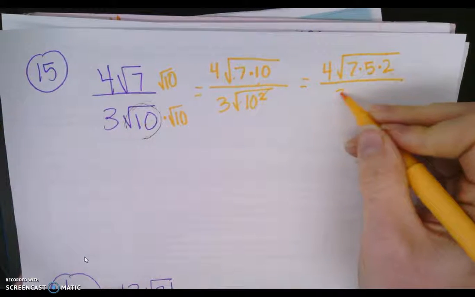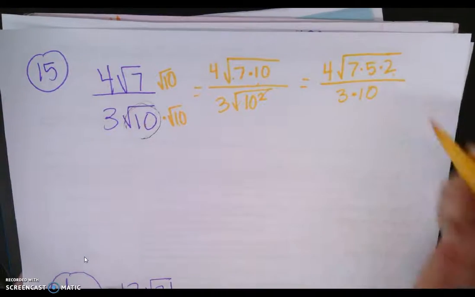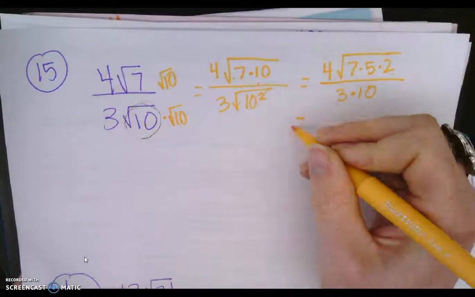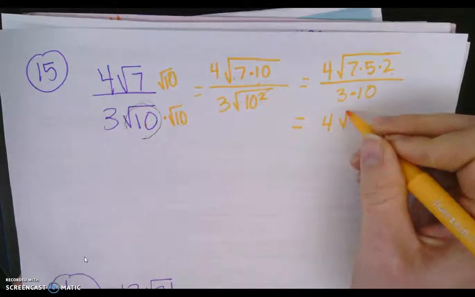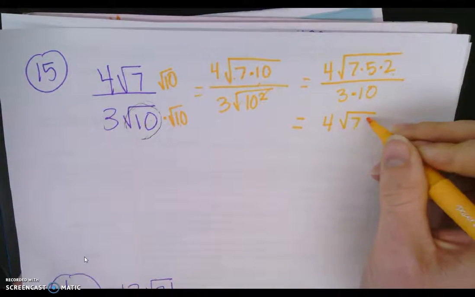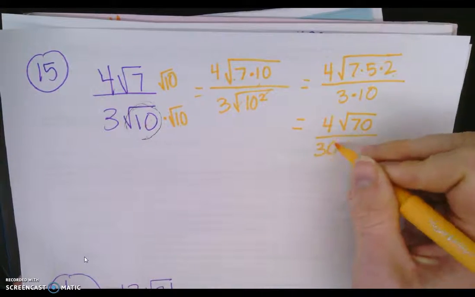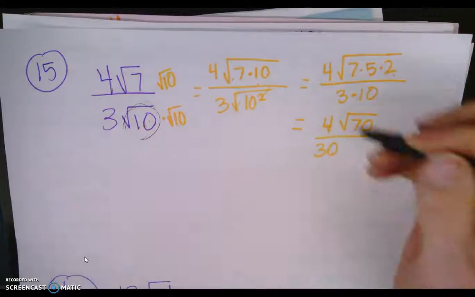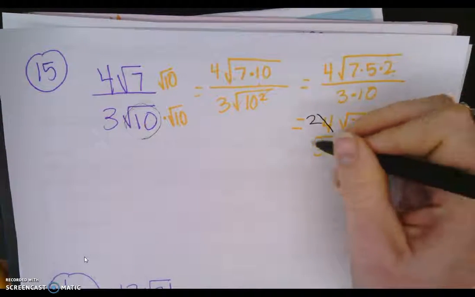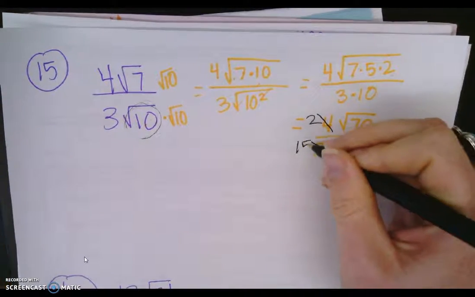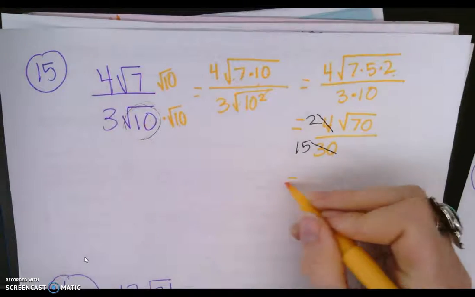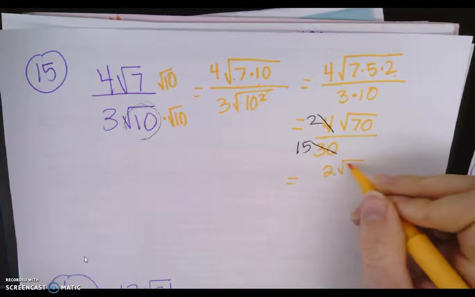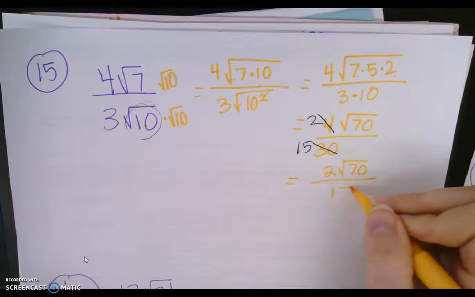Over, this ends up being 3 times 10. If I continue working on this, I have 4 times the square root of 70 all over 30. Well, I know 4 and 30 are both even, so 2 goes into them. 2 goes into 4 twice and into 30 15 times, making my final answer 2 square root of 70 all over 15.